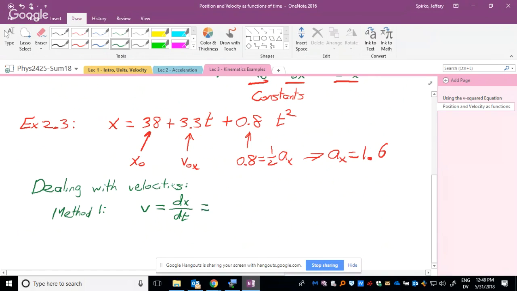In that case, we would look at that thing, take its derivative, and get 3.3 plus 1.6 t. And then method 2 would involve our delta v equation. Delta v is a delta t.